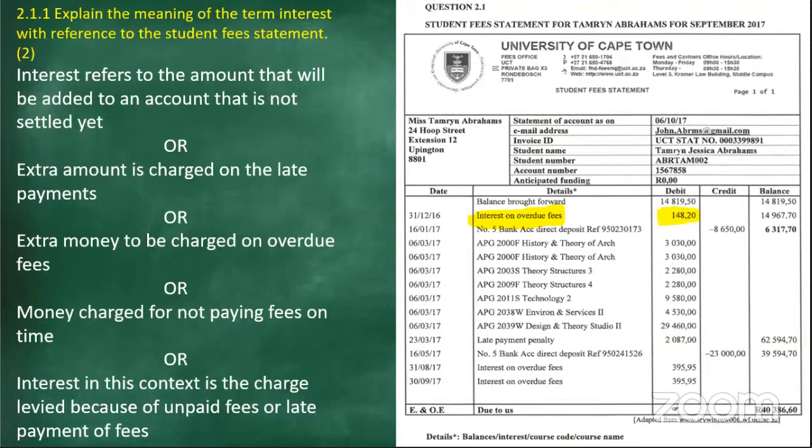Yeah? So Lisedi's answer is correct in the general terms of what interest is. But in the terms of this question, what this question was looking for was with reference to this statement. So in order to get full marks, you would have to use these other definitions that you guys have just said, or the definitions I've provided, right?